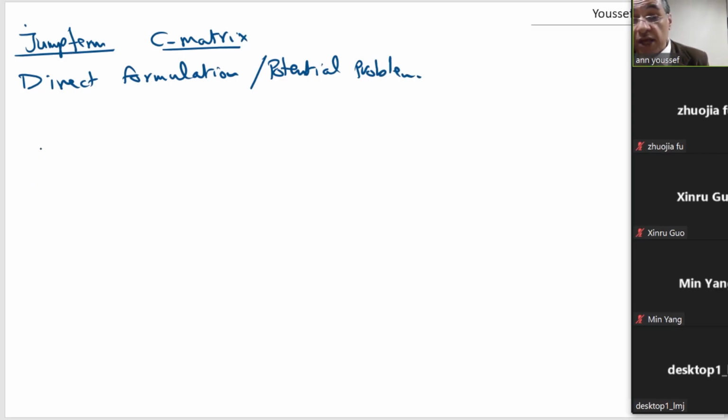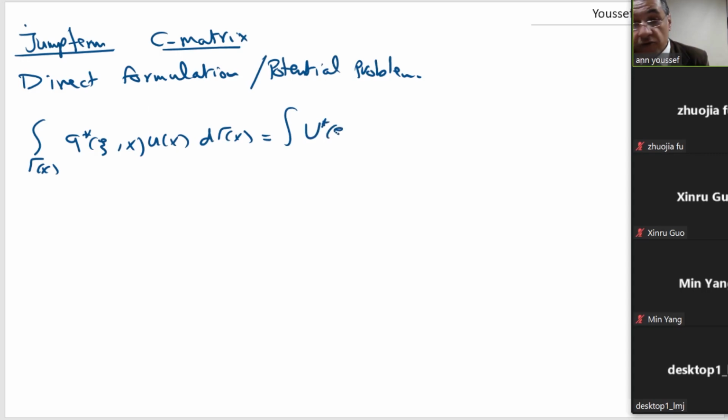If we remember the potential problem in the direct formulation, we used to say the integral over gamma of x of q asterisk of xi and x, u of x, d gamma of x equals the integral of u asterisk of xi and x, q of x, d gamma of x.